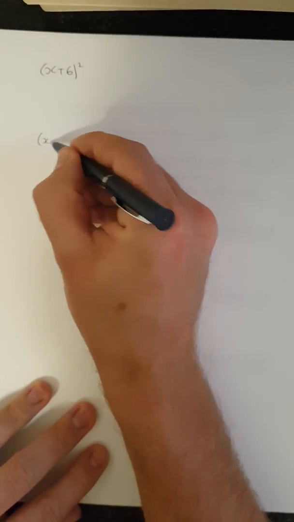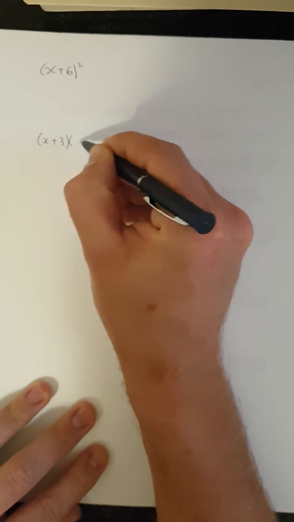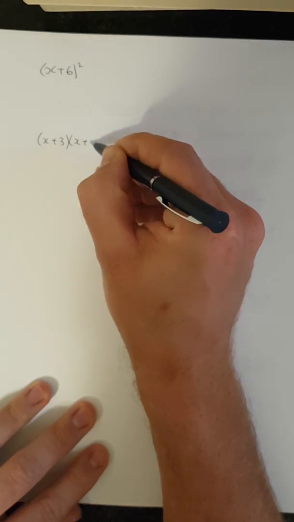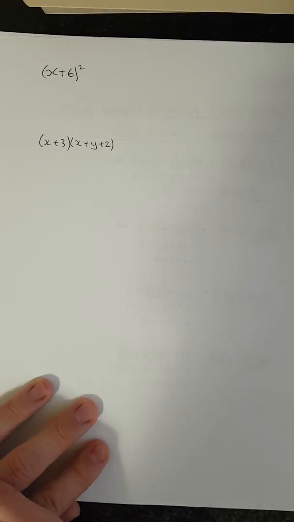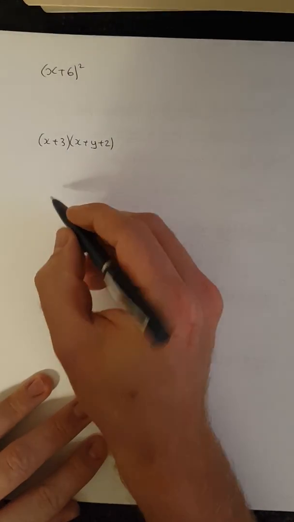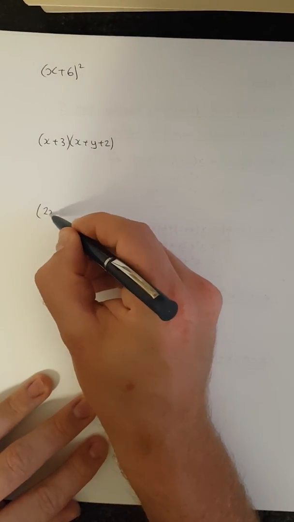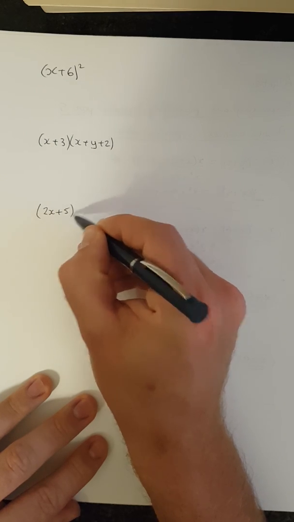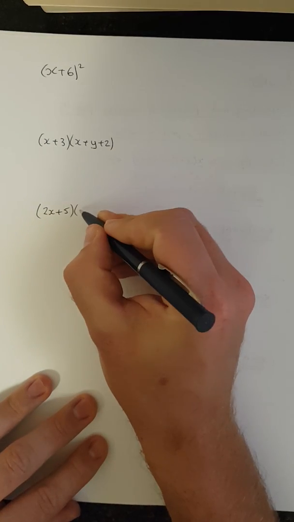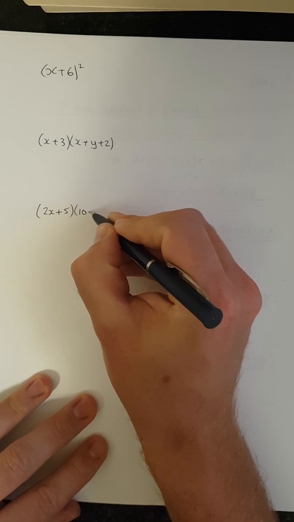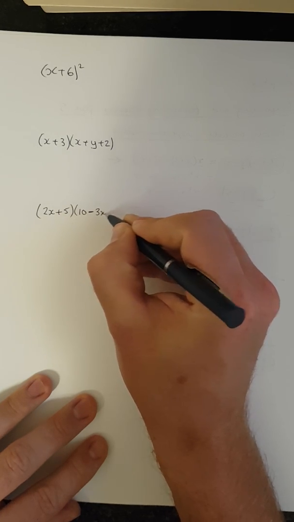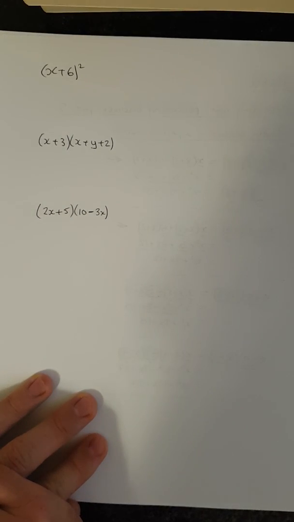Then we're going to look at a bracket multiplied by 3 things. Then we're going to make the terms in our bracket different.